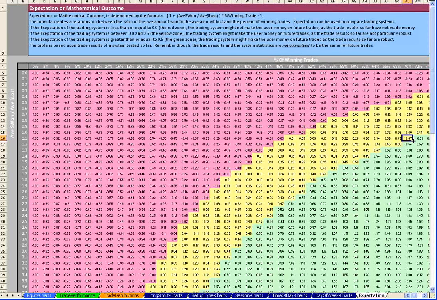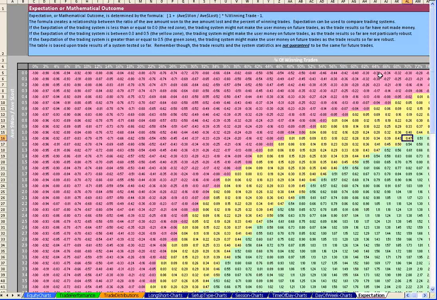One thing you can do is keep your eye on this expectation table, because as the system begins to degrade or the performance tends to go down, the expectancy will little by little start moving closer to the red, horizontally if the winning percentage drops, or vertically if your average dollars won versus your average dollars lost goes down.